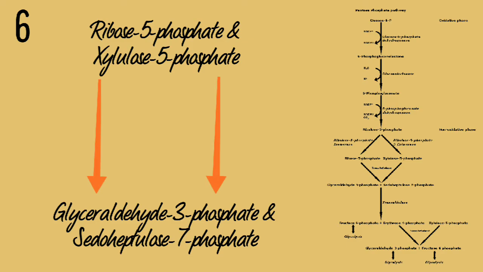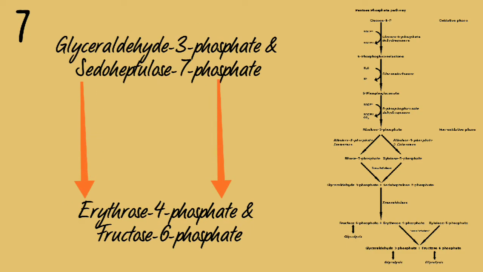Transketolase catalyzes the next reaction. It transfers a 2-carbon group from xylulose 5-phosphate to ribose 5-phosphate, changing them respectively to glyceraldehyde 3-phosphate and sedoheptulose 7-phosphate. The next reaction of the pathway is catalyzed by transaldolase.